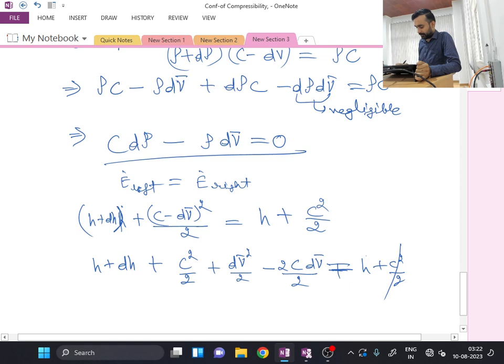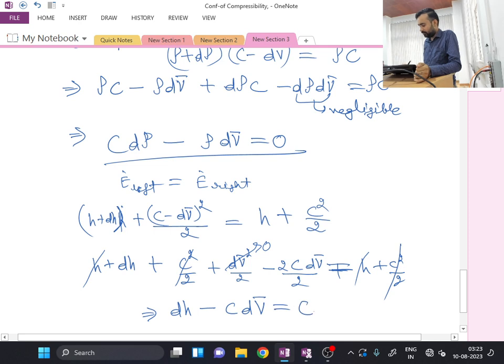So c square by 2 and h cancel out, and dV square will be negligible. So ultimately from here I will get dh minus c dV bar equal to 0. Is this one clear? Say this is my equation number 1. This is equation number 2.